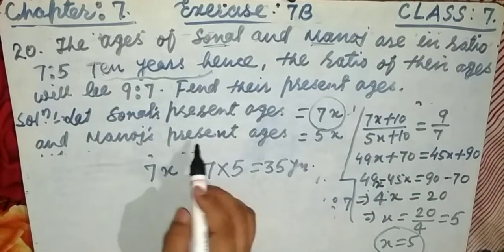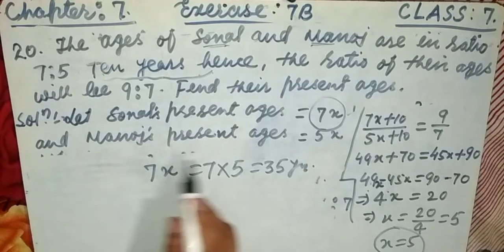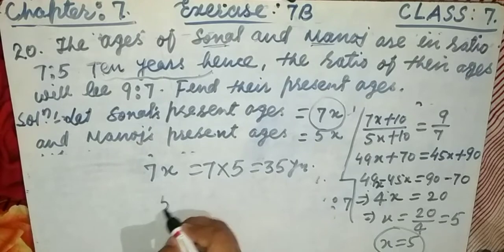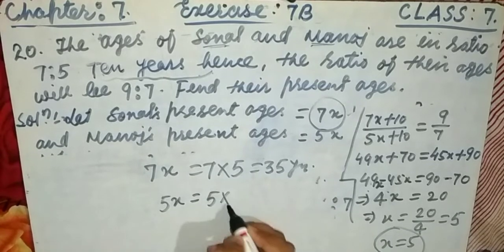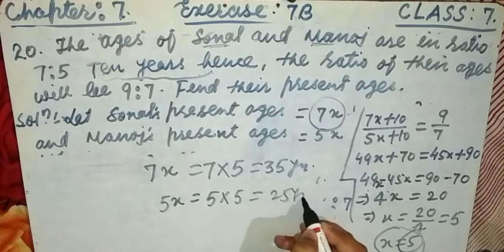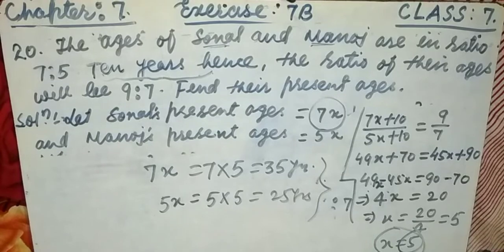Now Manoj's present age is equal to 5x, 5 multiplied by 5, this is 25 years. Answers are 35 and 25. This is your answer. I hope you will get it.